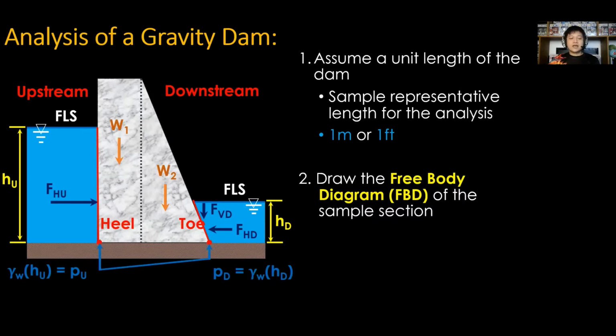For simplified analysis, connect with a straight line and determine the hydrostatic uplift. Take note that the pressure and uplift force are perpendicular to the base of the dam. And if the foundation soil is impermeable, then hydrostatic uplift is 0.